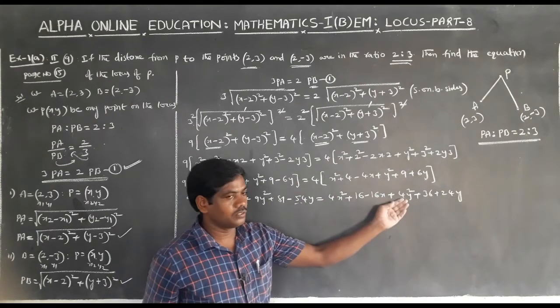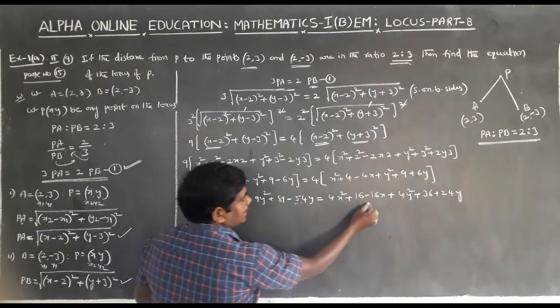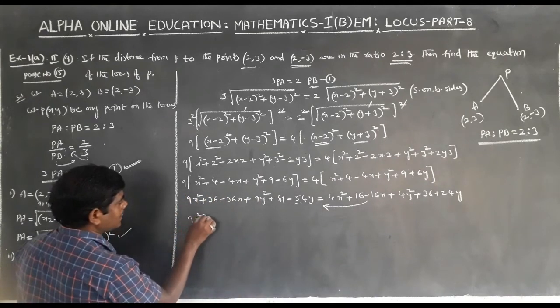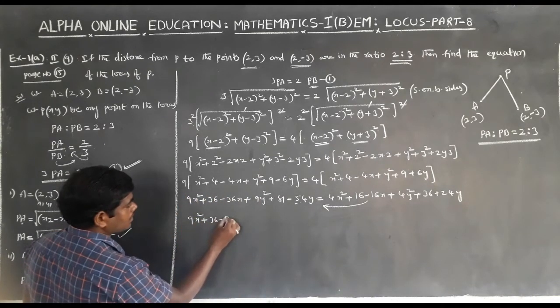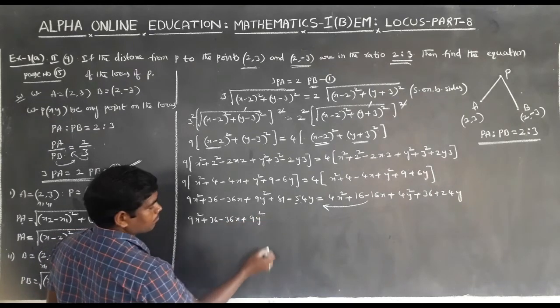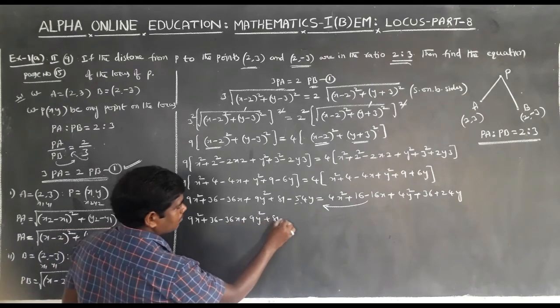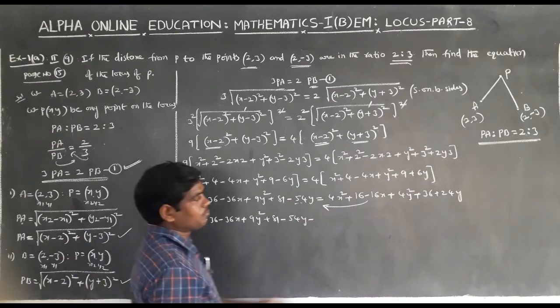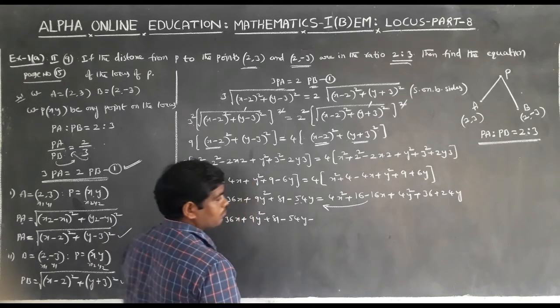This total value, taking to the left side: 9x² + 36 − 36x + 9y² + 81 − 54y. Positive, negative, negative, positive.